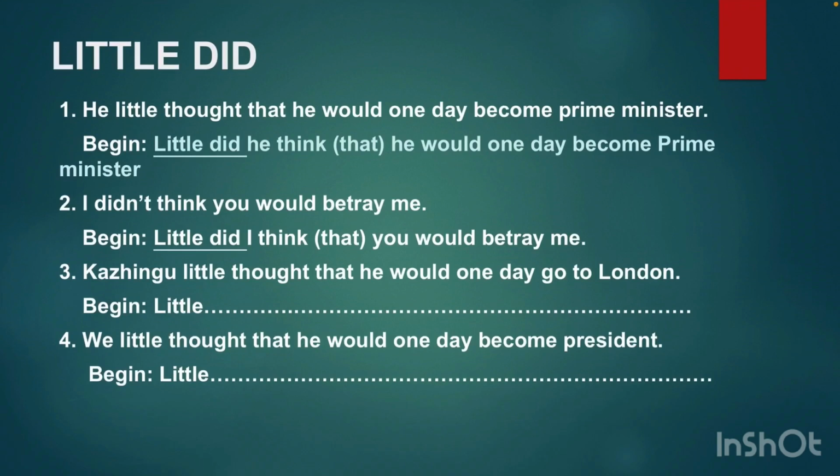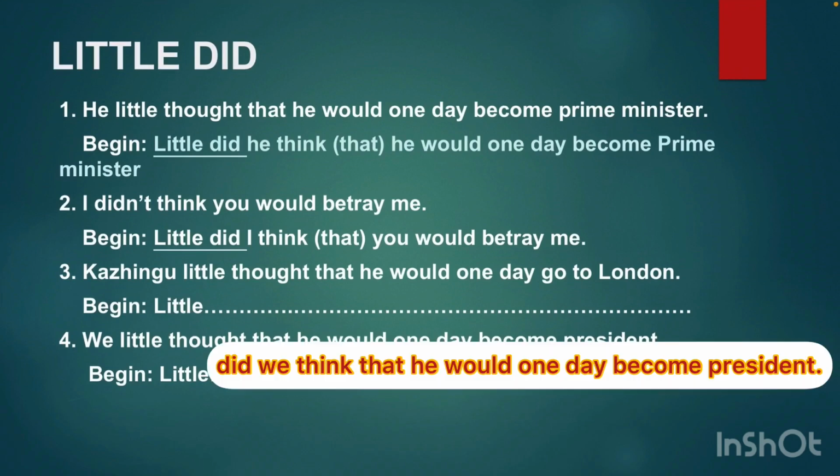We little thought that he would one day become president. Little, so you know that little is always followed by what? Did here. Little did, you have to put the subject of the sentence. So little did we think that he would one day become president.